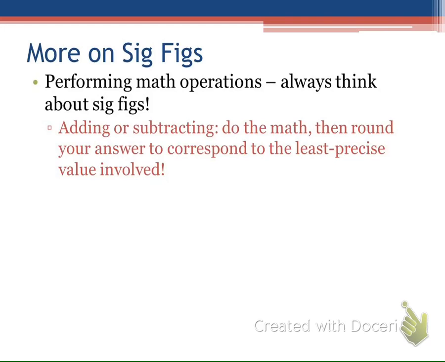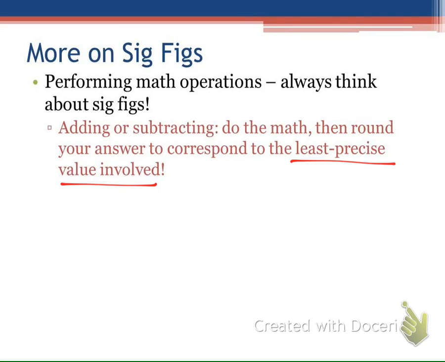Using significant figures doesn't ever change the way you perform the math operation. It doesn't change the way you add or subtract. It doesn't change the way you multiply or divide. It changes how you round your answer at the end. That's the only thing that it will change. So when we're adding and subtracting, we do the math just like normal. Then we round our answer to the least precise value involved.